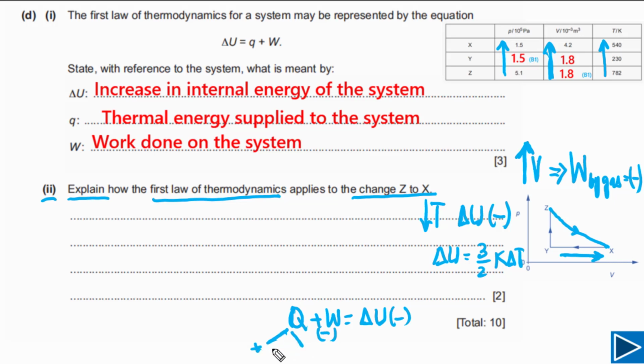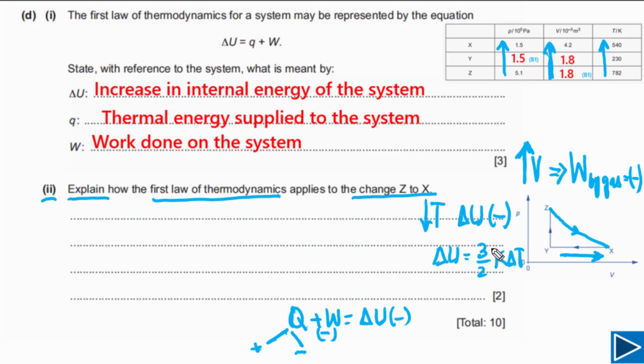Heat can be supplied to the system, or heat can be released from the system. It depends on the exact values of W and delta U. But we don't have the exact values of delta U, and also we don't have the exact value of W. So we cannot say anything about Q.